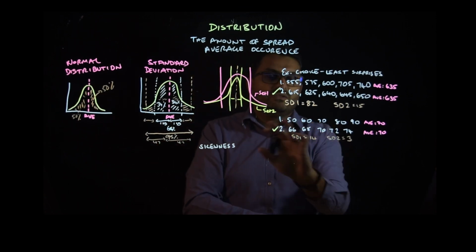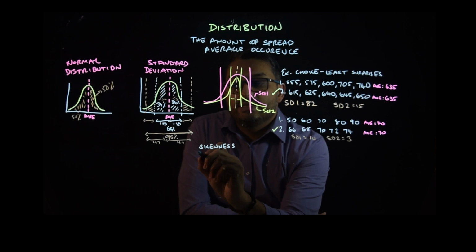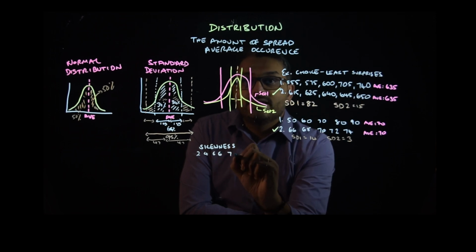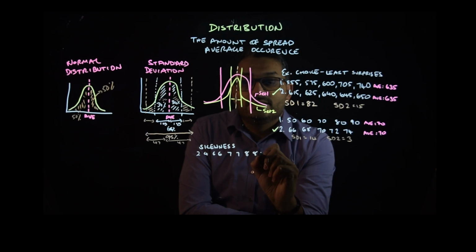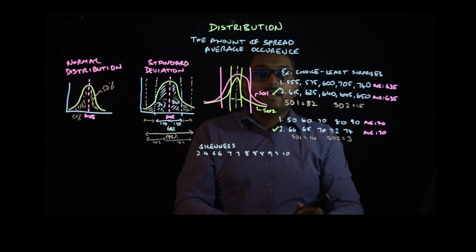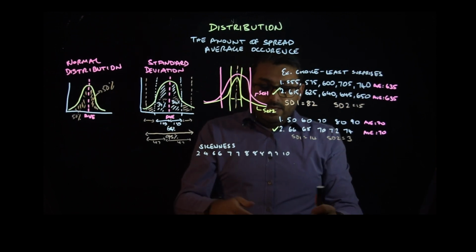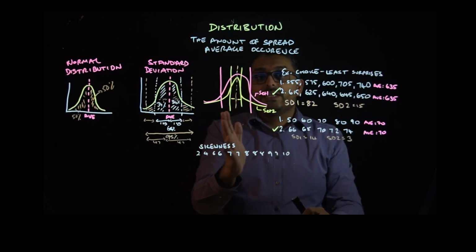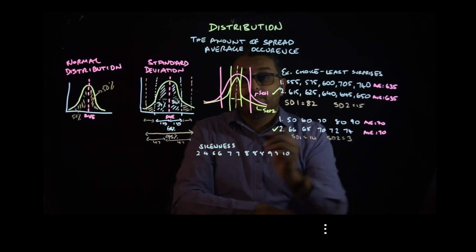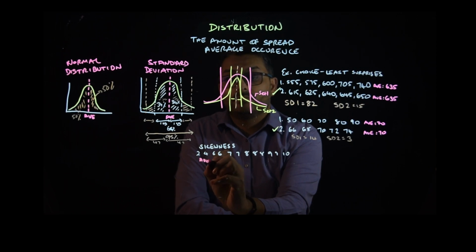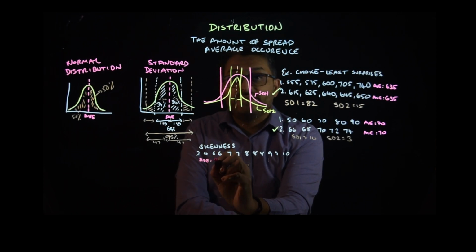I've got a bunch of data. It is quite evenly distributed, but I've got a bunch of information that's 2, 4, 6, 6, 7, 7, 8, 8, 8, 9, 9, and 10. Now, here the arithmetic average is 7.